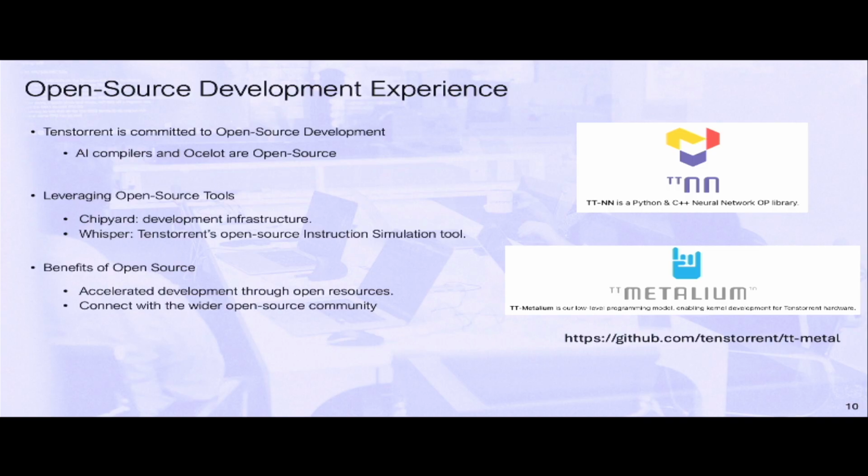In particular, we have relied heavily on frameworks like Chipyard, which provides a scalable infrastructure for simulation, testing, and integration. We also utilize Whisper, which is Tenstorrent's own open source instruction set simulator for RISC-V. These resources and tools not only accelerated our development, but also connected us to a wider community of contributors. Next, I would like to share some insights from these open source experiences.